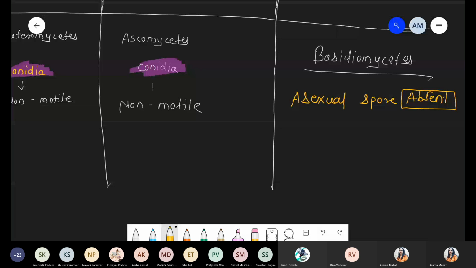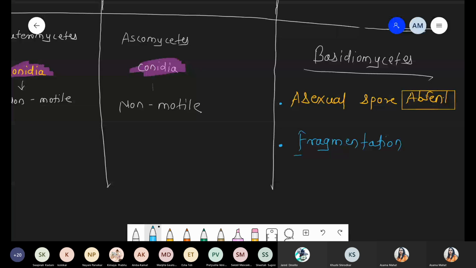But how are they showing the asexual mode of reproduction? Under the basidiomycetes, they show asexual reproduction by fragmentation. So spores are definitely absent, but in this scenario they simply divide by fragmentation. And you know very well, fragmentation comes under vegetative reproduction.